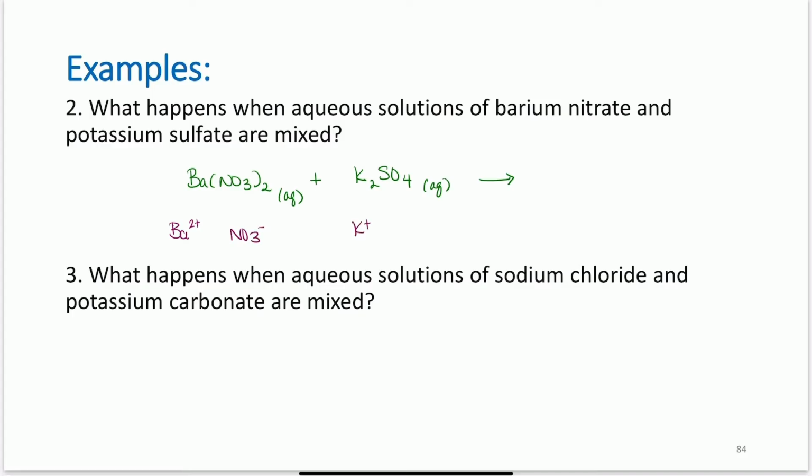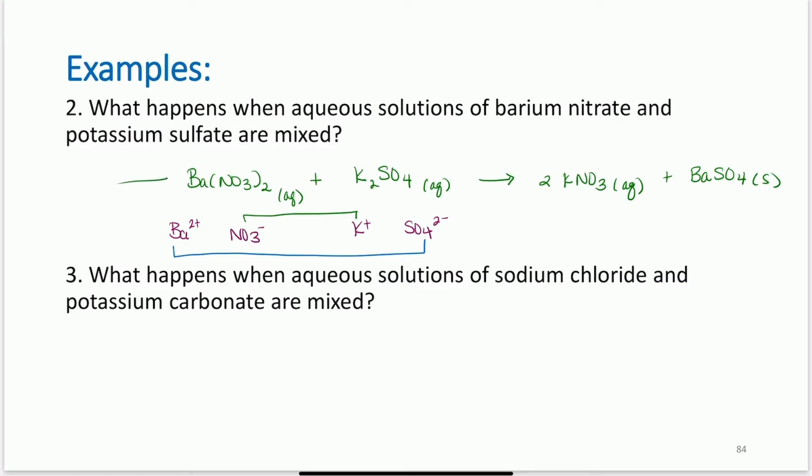I've got K+ and SO4 2-. The barium's going to go with the sulfate. Potassium and nitrate will be together. Potassium nitrate is soluble, so that will be aqueous. Barium sulfate is insoluble. That will form a solid.